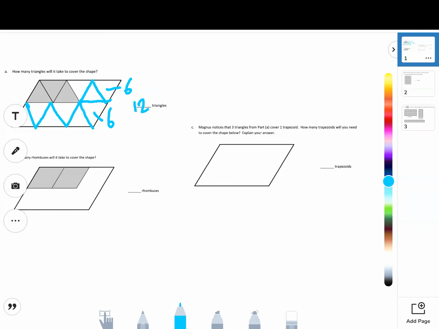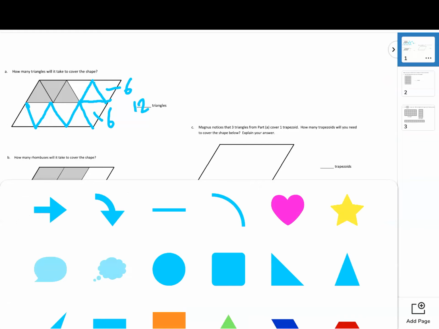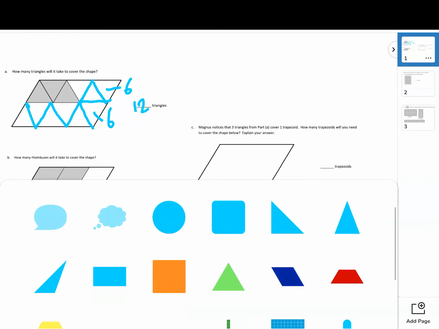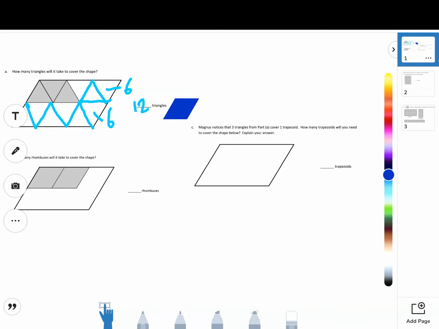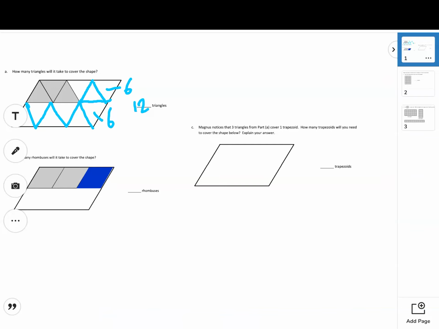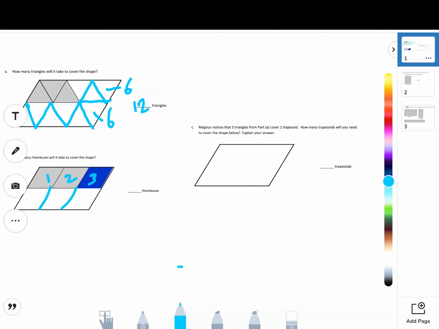However, feel free to pull out your shapes by using this function and put this on top of your shape like this. So I know I need 1, 2, 3, and 4, 5, 6 rhombuses to cover this shape.